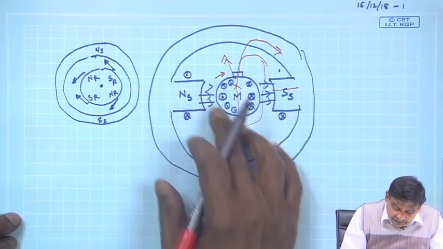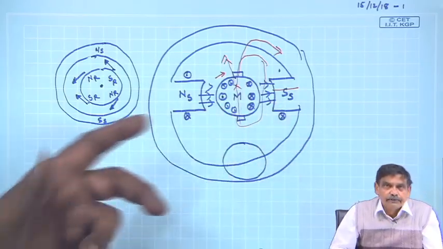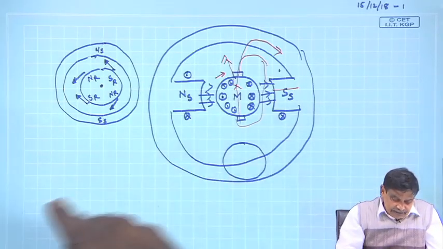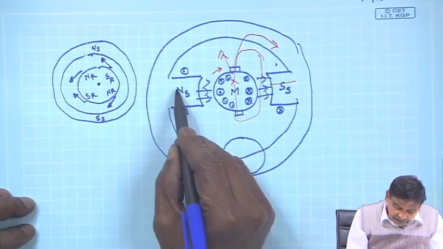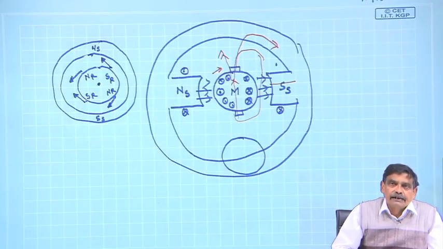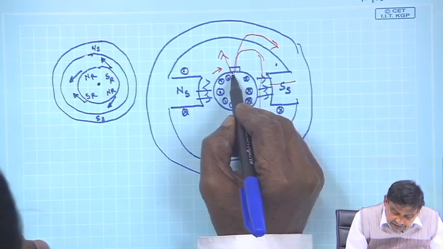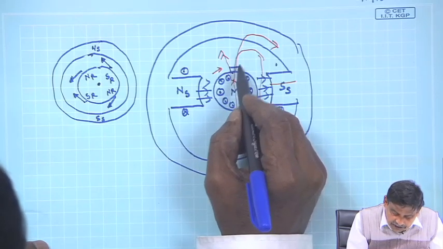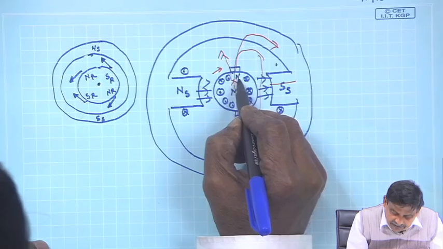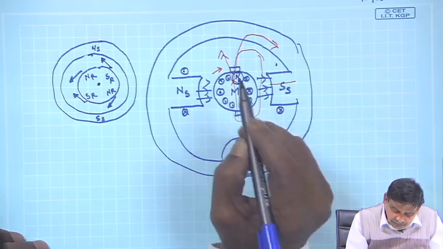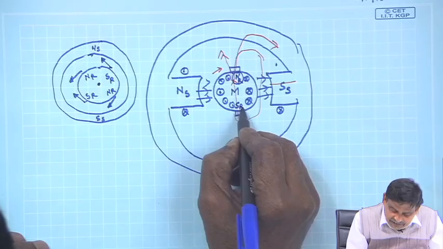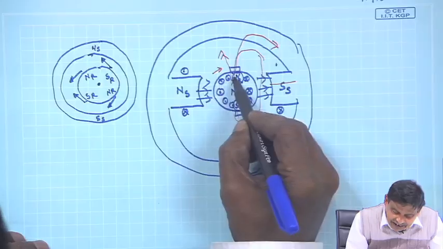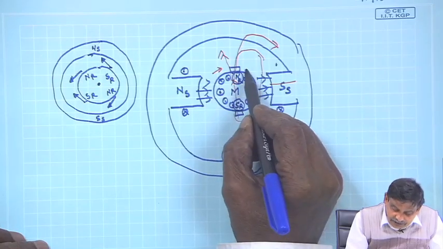Now, I applied the left hand rule and got this result, but I could also do it like this. This is NS, this is SS. Where are NR and SR? If you look at this part of the iron, where the lines of force are coming out must be your NR, the rotor north pole, and here it must be your SR. So, you see NS and NR will repel and the rotor will start rotating.